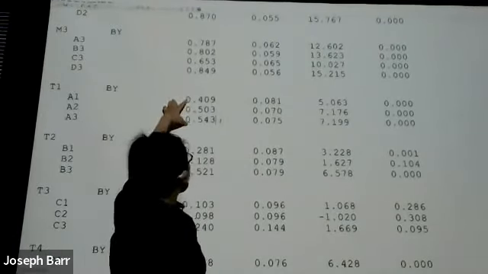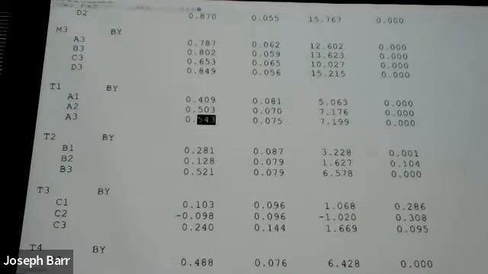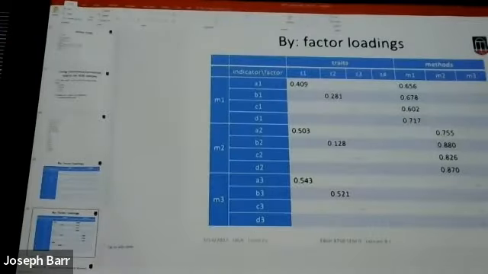You can just put these loadings into that table. Okay. 0.409, 0.503, 0.543. So these are 3 factor loadings.